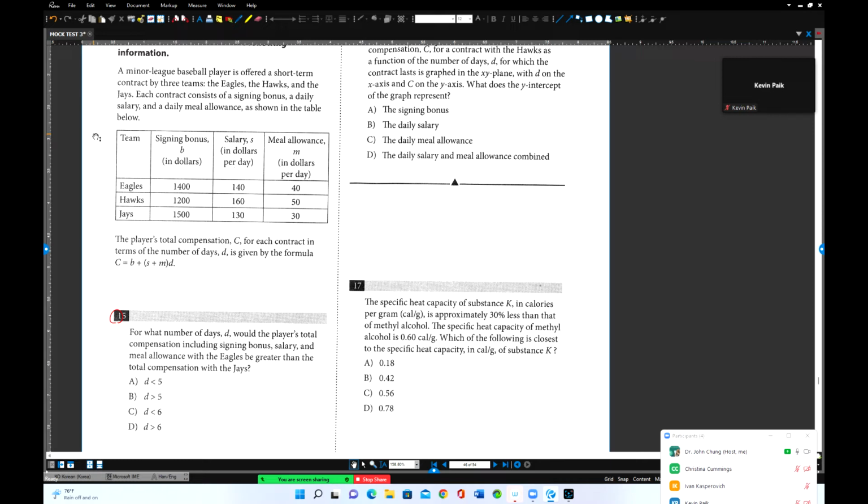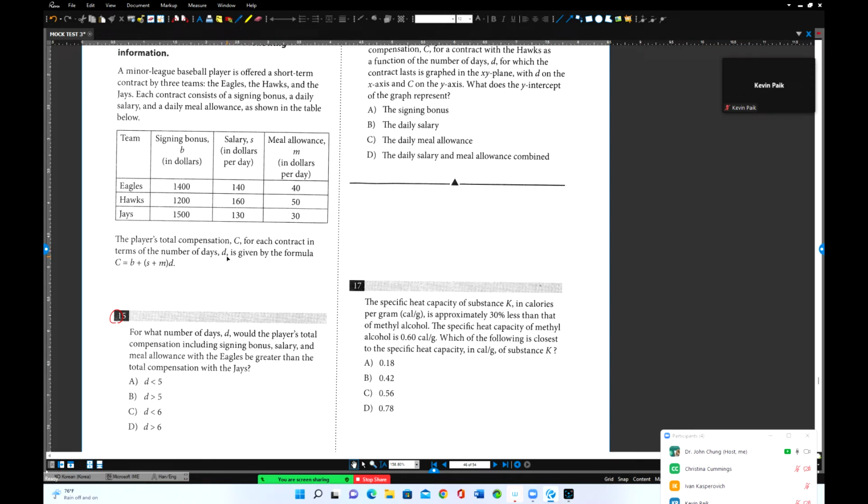Okay, we have a baseball player. Short-term contract by 3 teams: Eagles, Hawks, and Jays. The contract consists of a signing bonus, daily salary, and meal allowance. This one, Eagles. And total compensation.